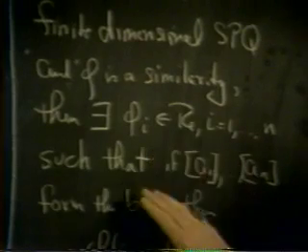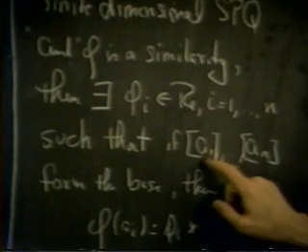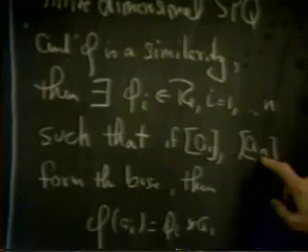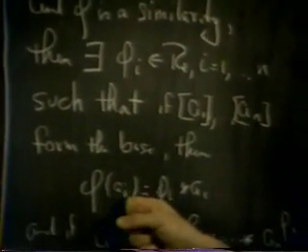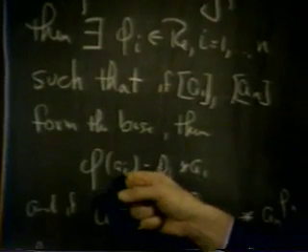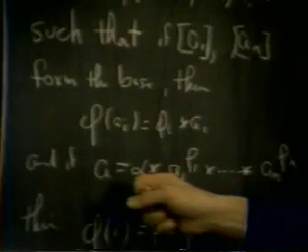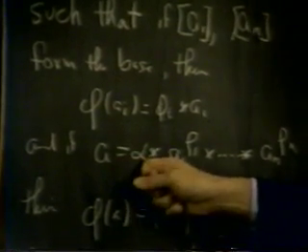So these numbers exist, and if we take the base to be the dimension that has of A1 and through the dimension of An, then the assertion is that phi applied to any of the A sub i's is phi i composed with A i.